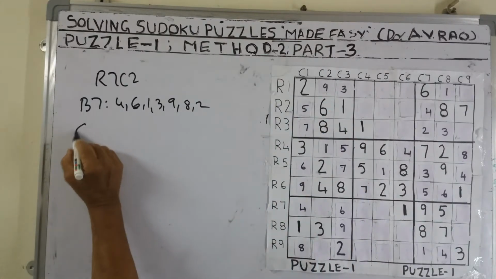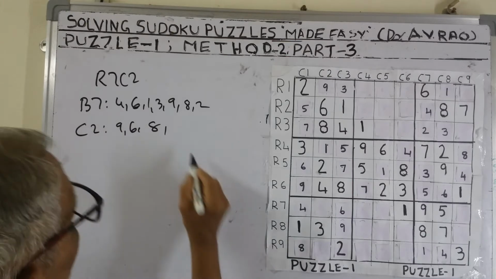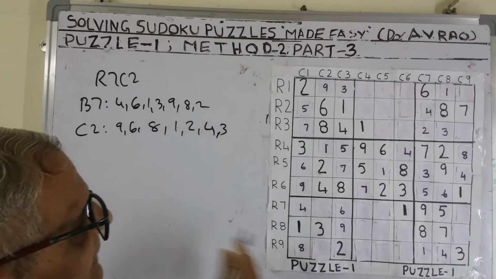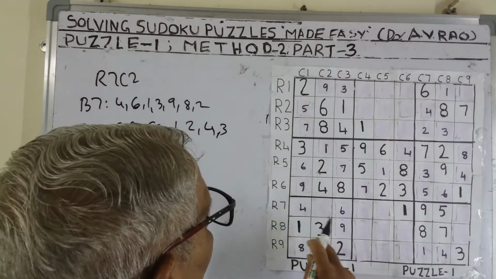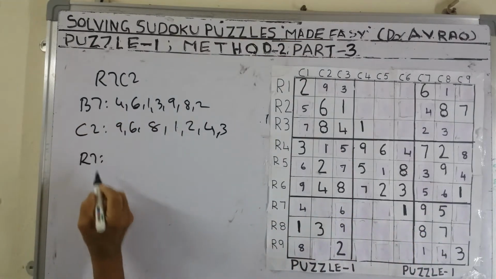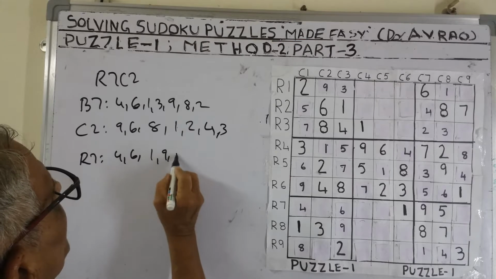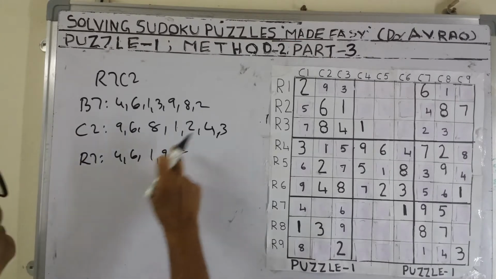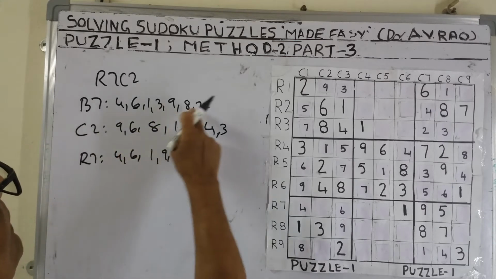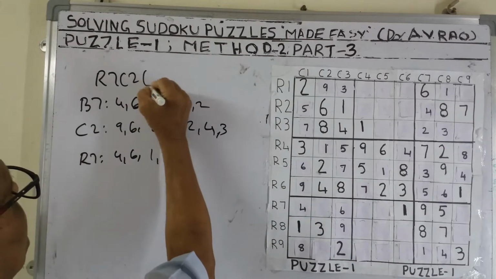And column C2: 9, 6, 8, 1, 2, 4, 3. These are the numbers. And row R7: 4, 6, 1, 9 and 5. Friends, see, 1 is there, 2 is there, 3 is there, 4 is there, 5 is there, 6 is there, 9 and 8 are there, so 7 is not there. So R7 C2 is filled with 7.